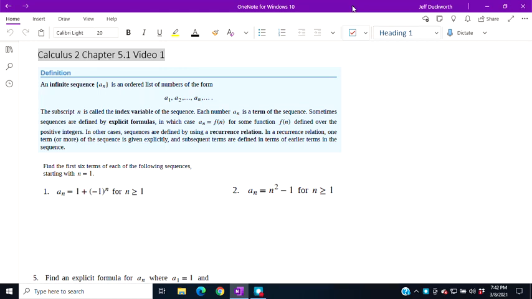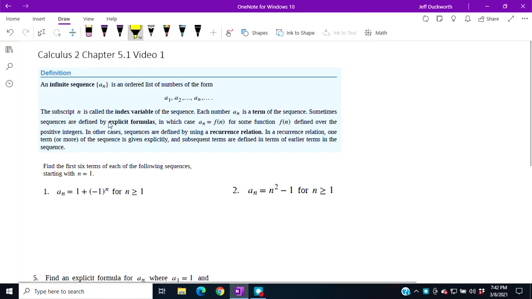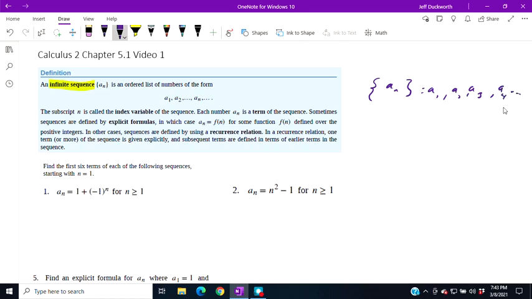The next unit begins with sequences. And we've got a couple things here. We've got a definition of an infinite sequence here, and we're going to use notation, this bracket here, {an} is an ordered list of the numbers that are essentially a1, a2, a3, a4, and so forth, all the way up to an.